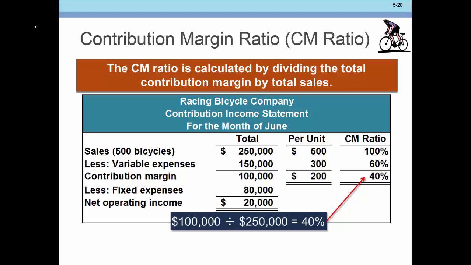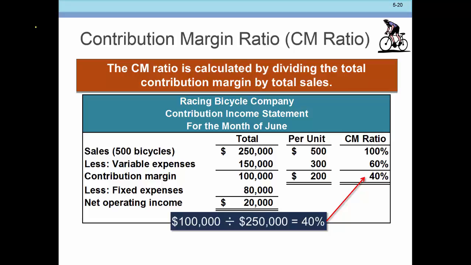That gives us a ratio which tells us what percent of each sales dollar goes towards first fixed cost and then profit. So instead of coming up with a price per unit, we're coming up with a percentage per unit.